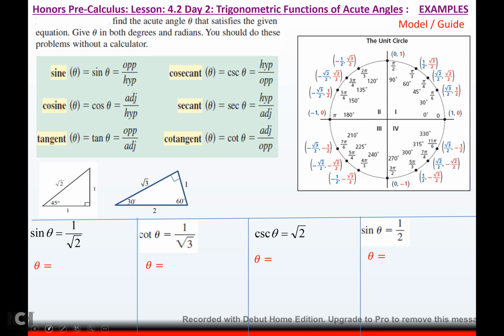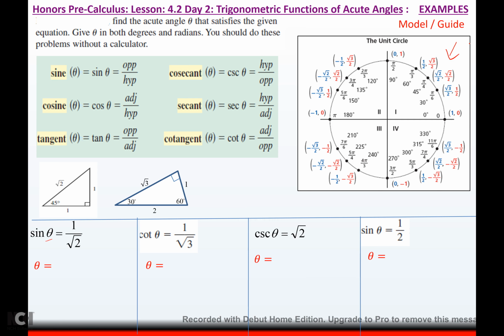I'll show you how to do these on a calculator later, but right now they want us to do it without a calculator. So you have a couple of choices. You can look for an angle, either the 30, the 60, or the 45, that has this opposite over adjacent. So you can use the triangles, or you could use the unit circle.